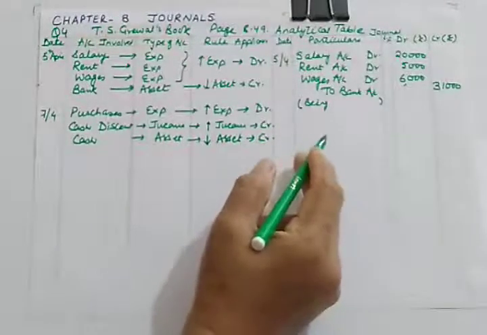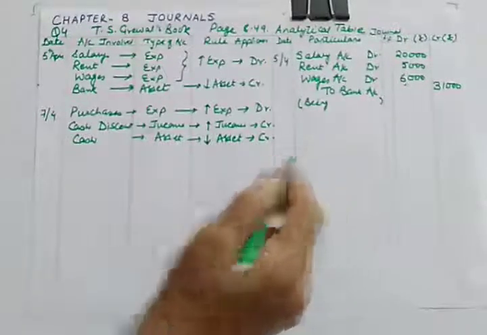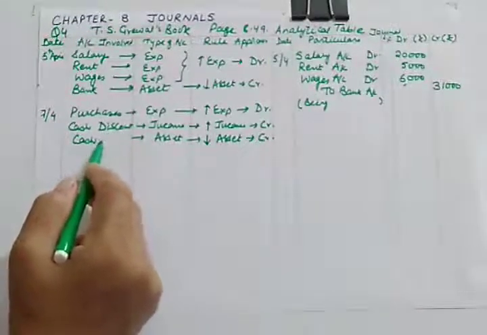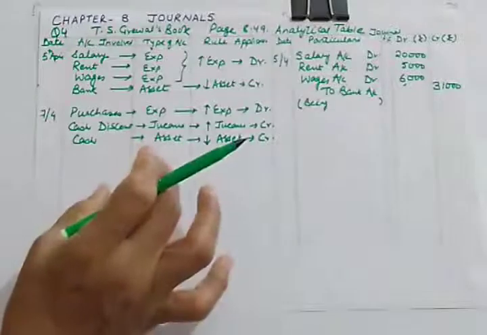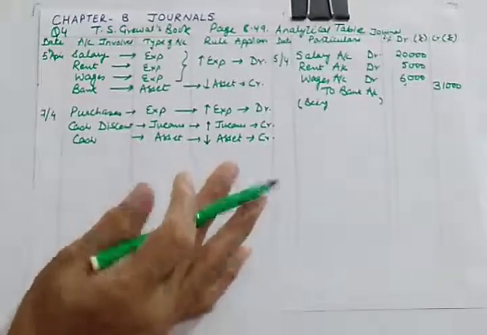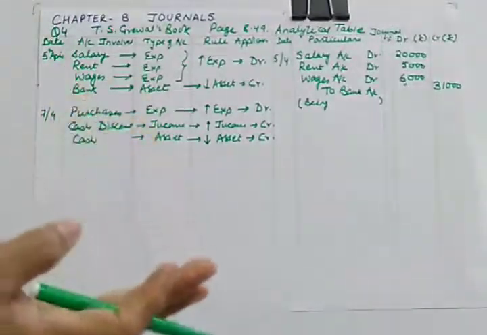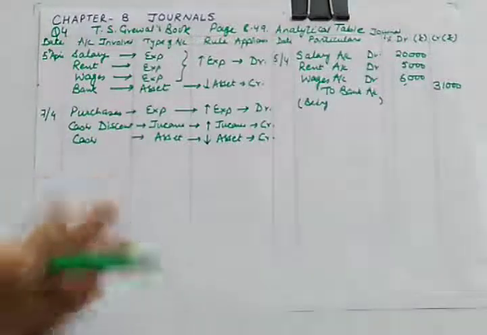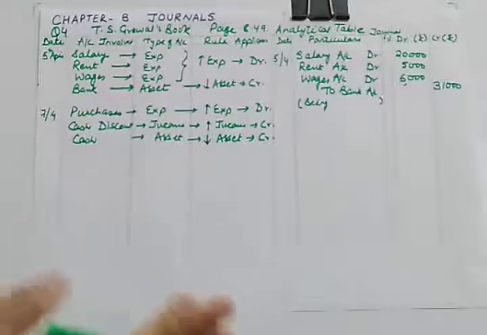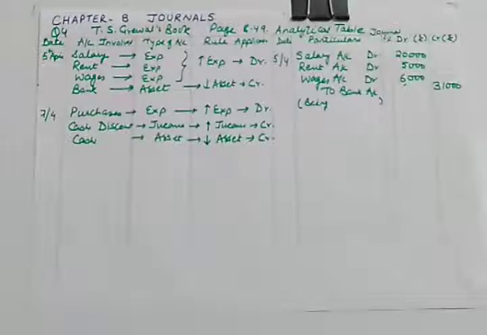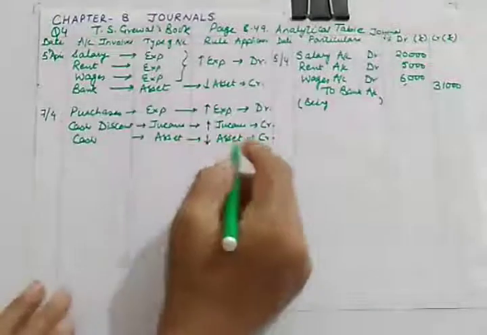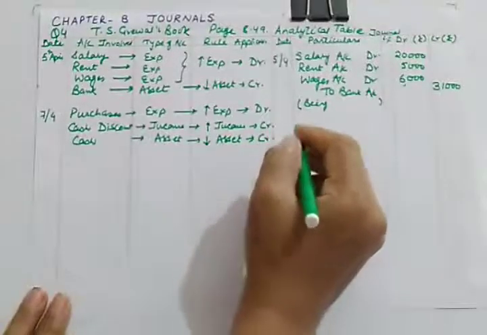And one more important tip I want to tell you is that cash discount or cash will always come together. Like for example, if you are debiting cash, you will be observing that you debit cash discount also. And if you are crediting cash, you will be crediting cash discount also. But that's another issue. You should follow the rules of debit and credit for recording it.